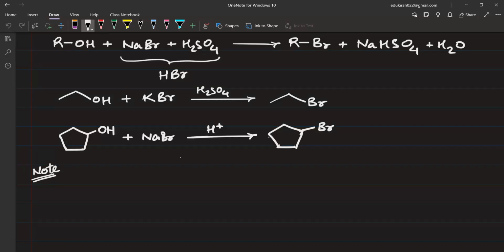So what is Br attached with? Is this an alkyl group or an aryl group? Hydrogen. Do you understand what an alkyl group is? Yes, sir, that R is an alkyl group. So is H an alkyl group?